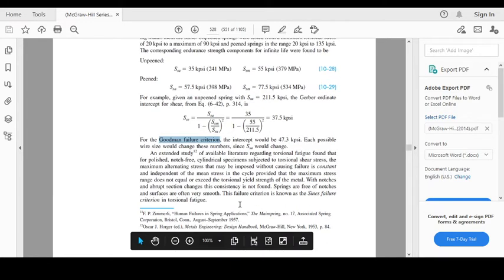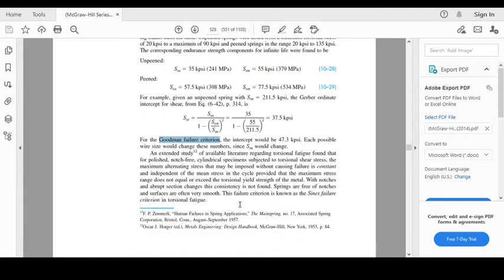Extended study available in literature regarding torsional fatigue found that for polished, notch-free cylindrical specimens subject to torsional shear stress, the maximum alternating stress that may be imposed without causing failure is constant and independent of the mean stress in the cycle, provided that the maximum stress range does not equal or exceed the torsional yield strength of the metal.